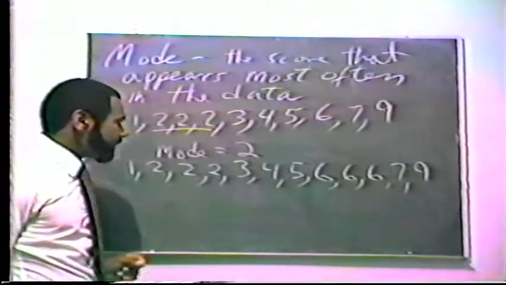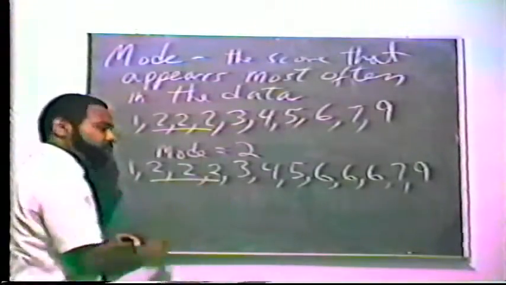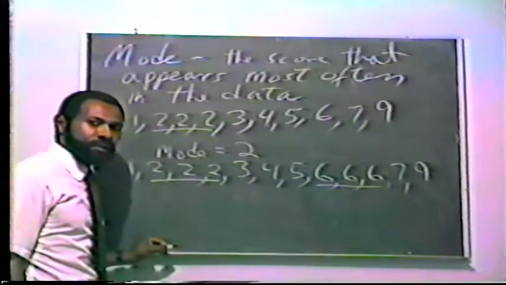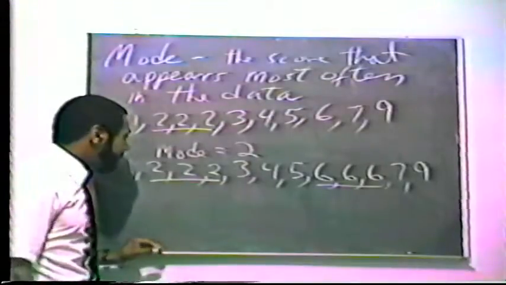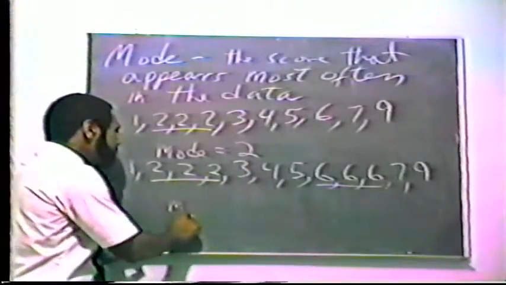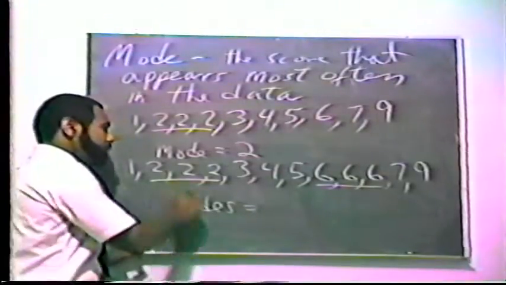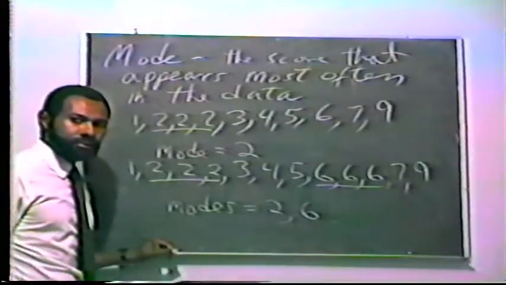Now, if we look at this data set, we see that we have 3 2s and we also have 3 6s, excuse me. In this case, we have 2 modes. 2 is a mode, and also 6 is a mode.